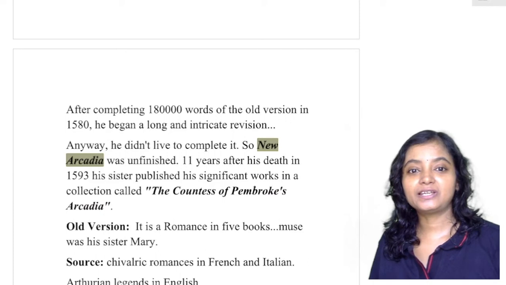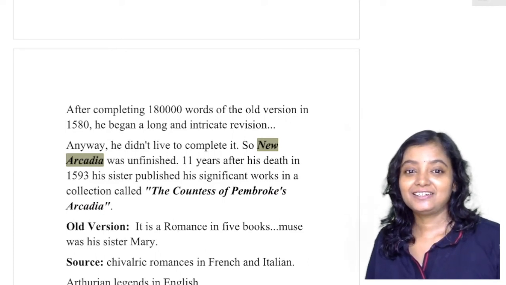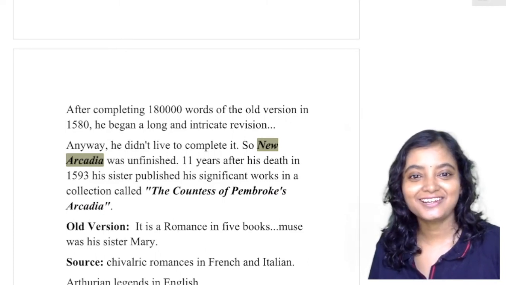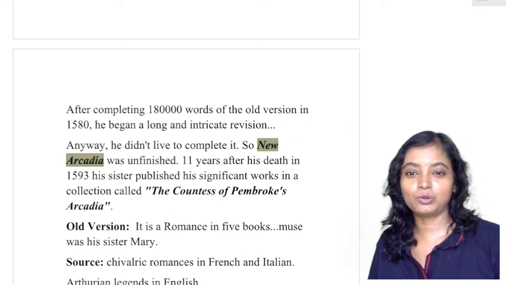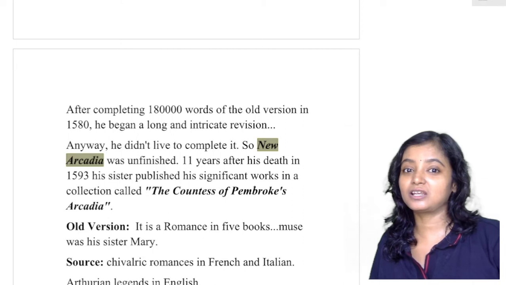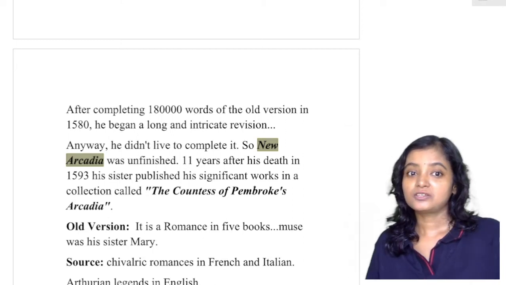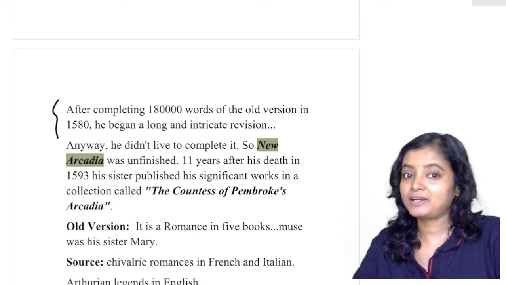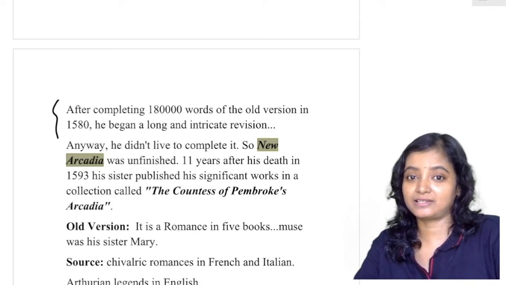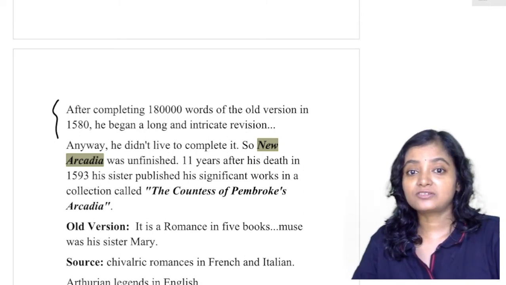Now, after completing the 180,000 words of the old version in 1580, he began a long and intricate revision. So, he started revising his earlier work, but he could not complete this revision. That is called New Arcadia.